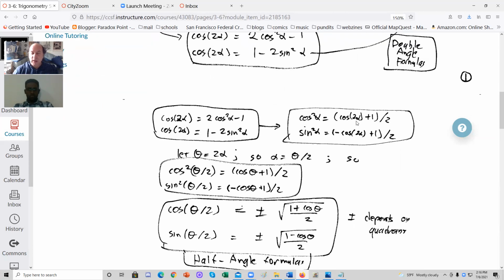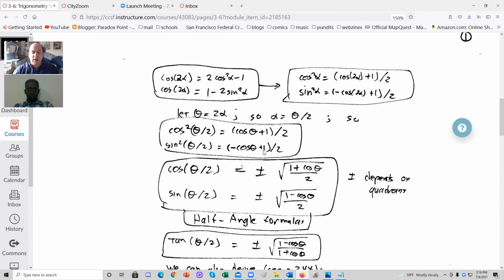Now, if we let this 2 alpha be theta, so alpha is theta over 2, then this becomes cos squared theta over 2 equals cos theta plus 1, that divided by 2. And sine squared theta over 2 is minus cos theta plus 1 all over 2. All right, for the next step, we take square roots.